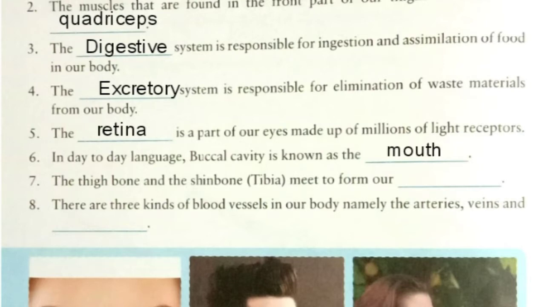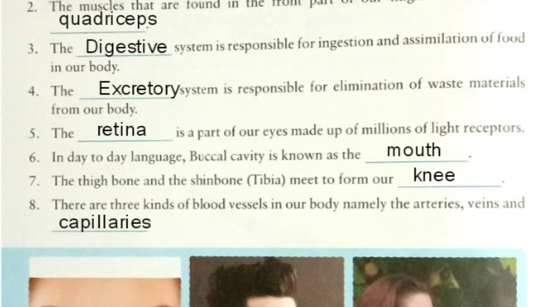The thigh bone and the shin bone, tibia, meet to form our... Yes, these both bones meet to form our knee. Now, let's see the last fill-up. There are 3 kinds of blood vessels in our body, namely the arteries, veins and capillaries. Please write the answer here.